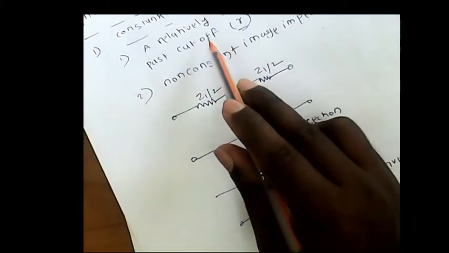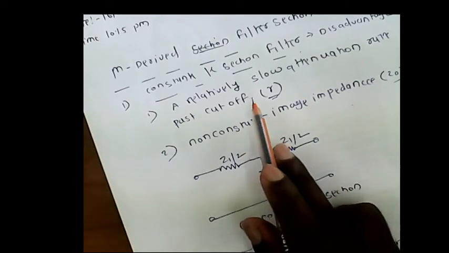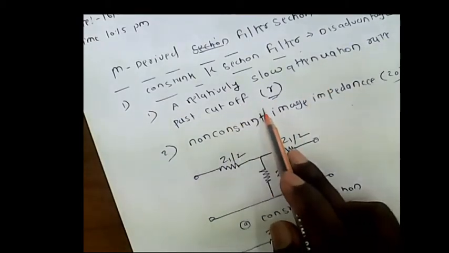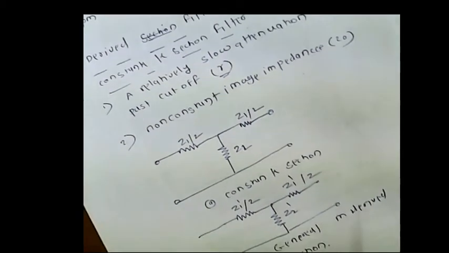So m is a parameter which modifies the characteristic impedance in terms of the non-constant image impedance and improves the relatively slow attenuation past cutoff in terms of gamma. So this is equation number 1.